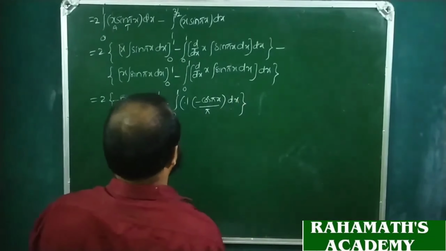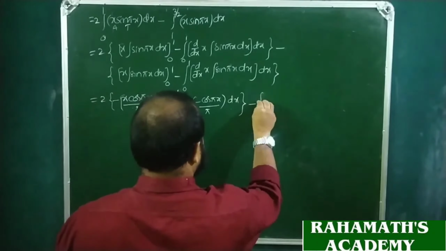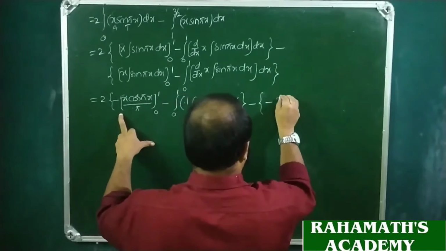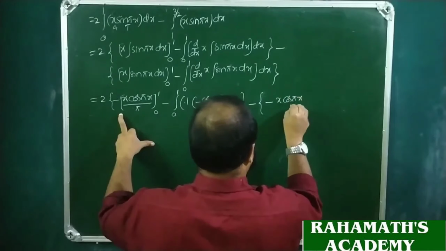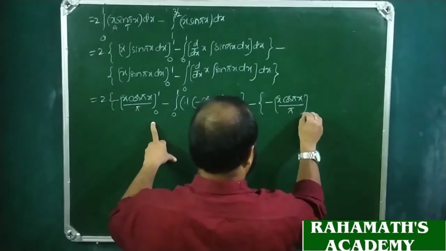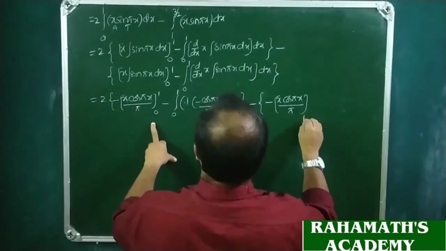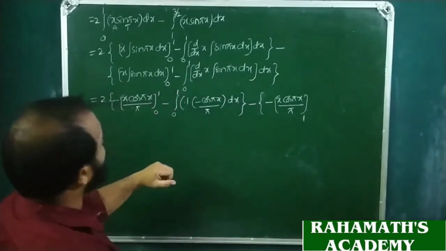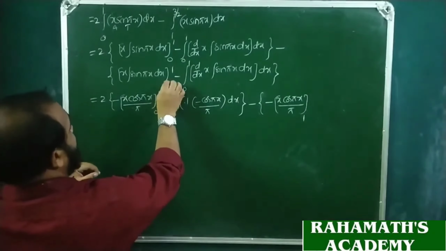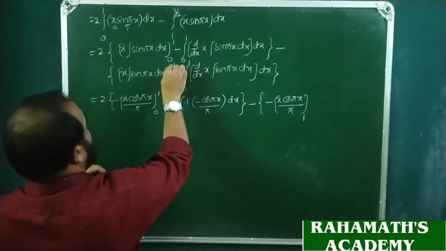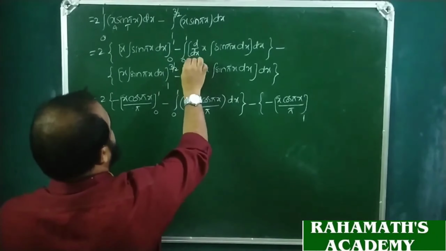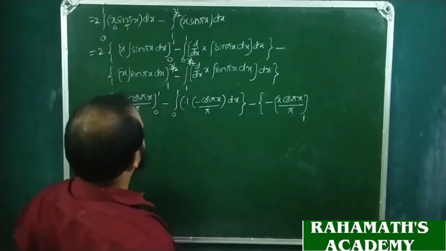So bracket closed, minus the same here also, minus x cos pi x by pi from 0 to 1 to 3 by 2. Sorry, here 1 to 3 by 2 here, right? This is 3 by 2 and this is also 1 to 3 by 2 because of this value.